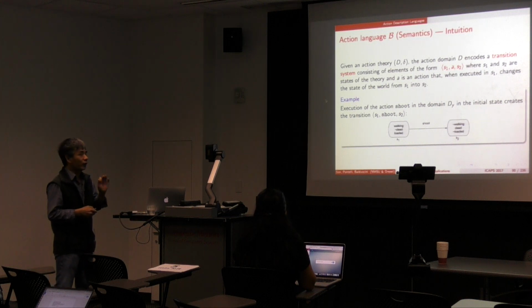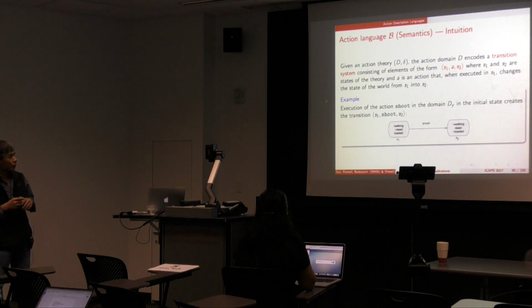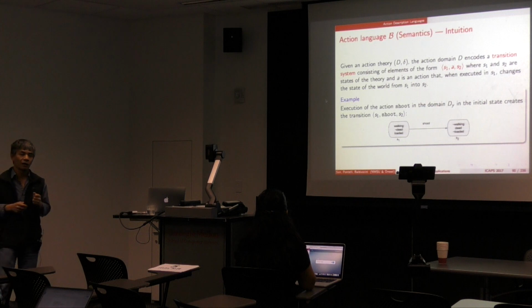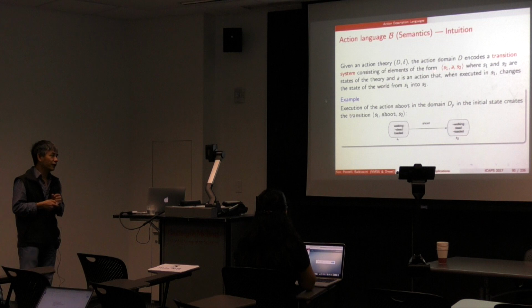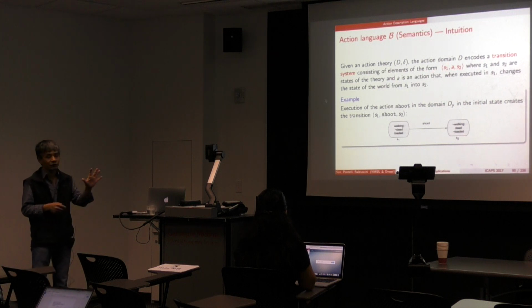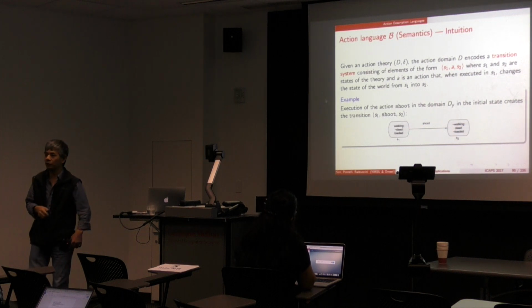I'll give you a very quick semantics of that. Intuitively, an action theory defines a transition between states. It designs a transition system where we have a triple: state, action, and state. As an example, if the turkey is walking, it's not dead, and the gun is loaded, shooting will create a new state like that.